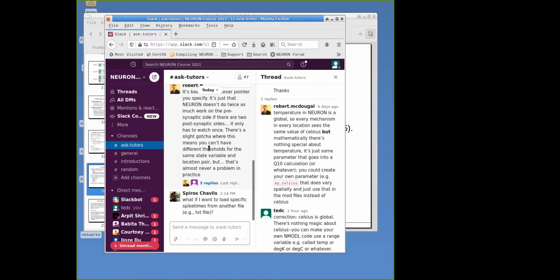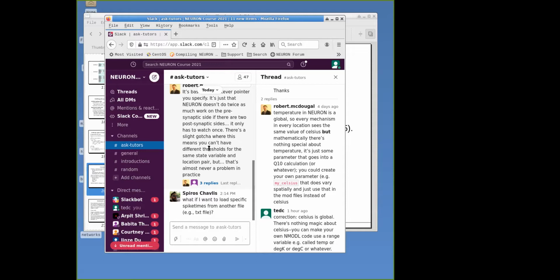When you create a NetCon, you're saying what variable you're monitoring. If you're monitoring V, then everything that monitors V is going to be using the same threshold. And any one of the NetCons that monitors V at that location can be used to change that threshold, and it will affect all of them that are monitoring V at that location.